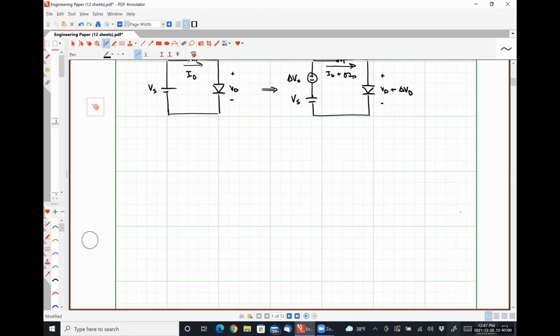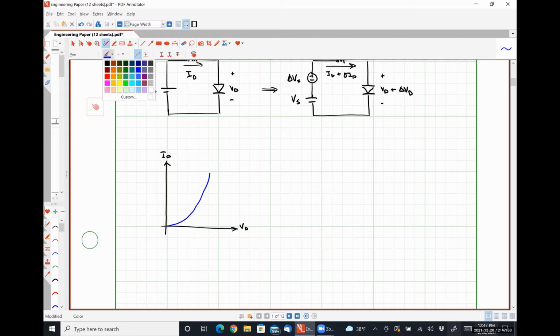is understanding what's going on at the characteristic curve level for our diode, right? So if we have a forward bias diode, here is ID, here is VD. Our characteristic curve looks something like this, right?